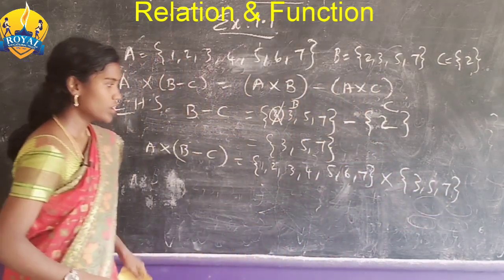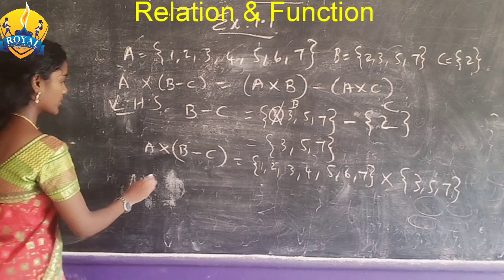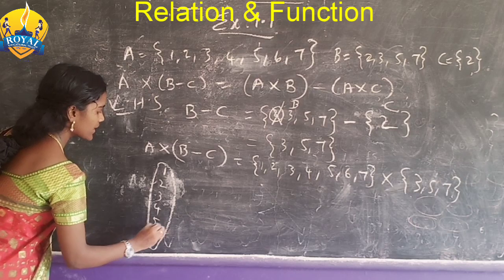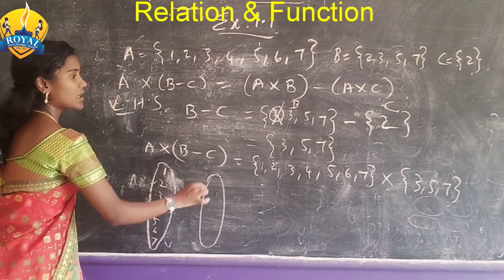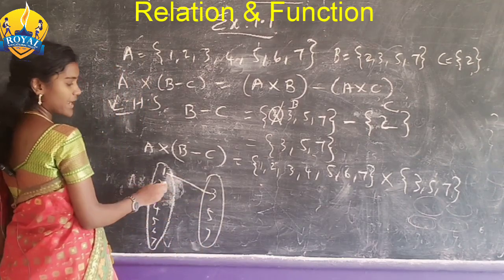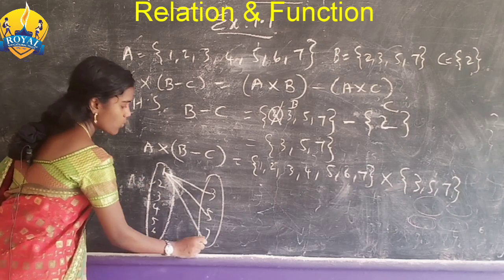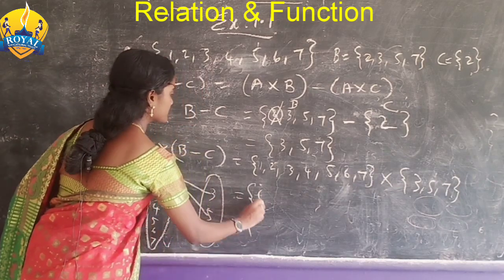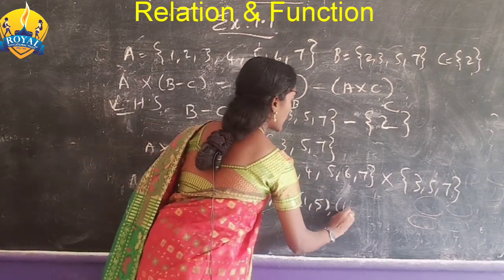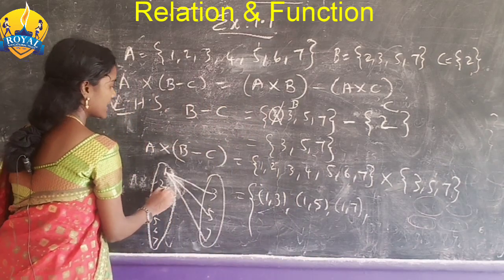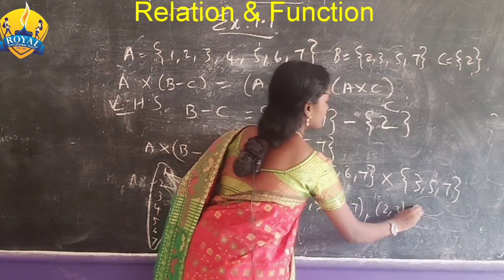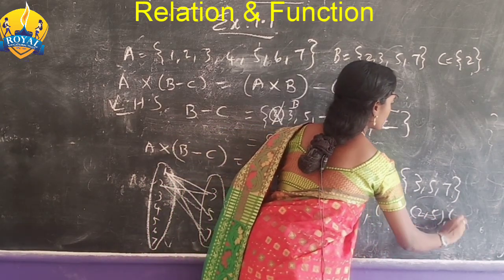Now we are going to make the ordered pairs. So A is 1, 2, 3, 4, 5, 6, 7, and B minus C is 3, 5, 7. (1, 3), (1, 5), (1, 7). Then again the same thing, (2, 3), (2, 5), (2, 7).